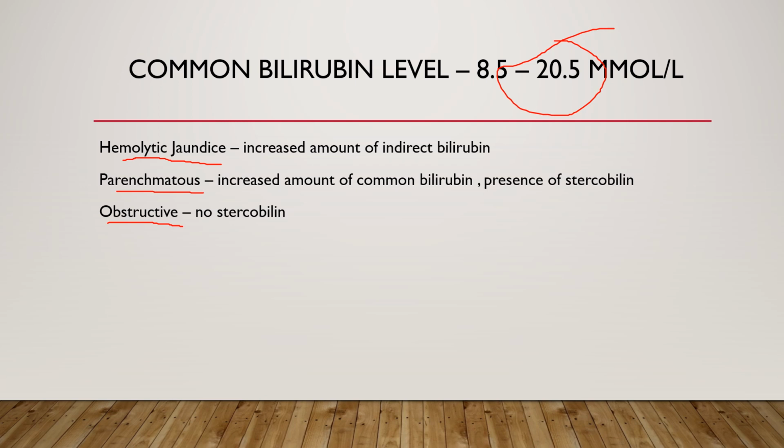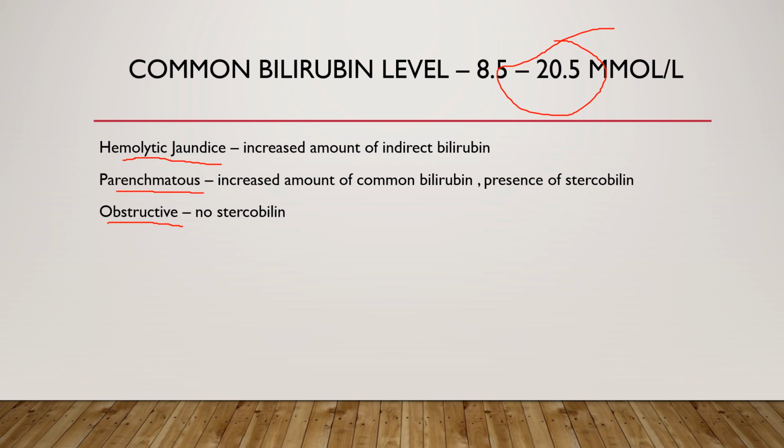If the level of the common bilirubin is increased to more than 20.5, we look at the two types of bilirubin, bound and unbound, or in other words direct or indirect bilirubin.